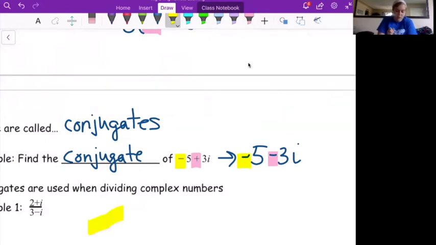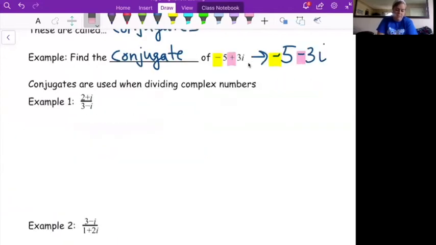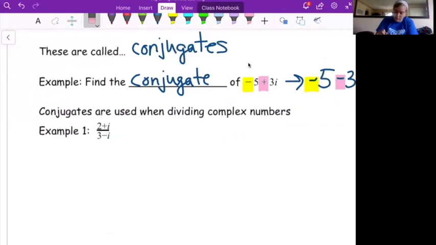So we use conjugates when we're dividing complex numbers. So we cannot have an imaginary number in our denominator. So when we have 2 plus i divided by 3 minus i, I'm just going to write it a little bit bigger. So 2 plus i divided by 3 minus i, we want to multiply by the conjugate of the denominator.